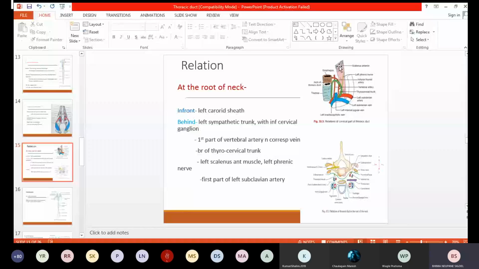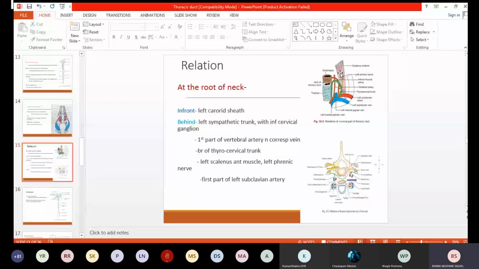So this scalenus anterior muscle is also related posteriorly to the left sympathetic trunk. We have three parts of the vertebral artery, and only the first part is here, along with the branch of the thyrocervical trunk and the left scalenus anterior muscle, and in front it is resting on the scalenus muscle.